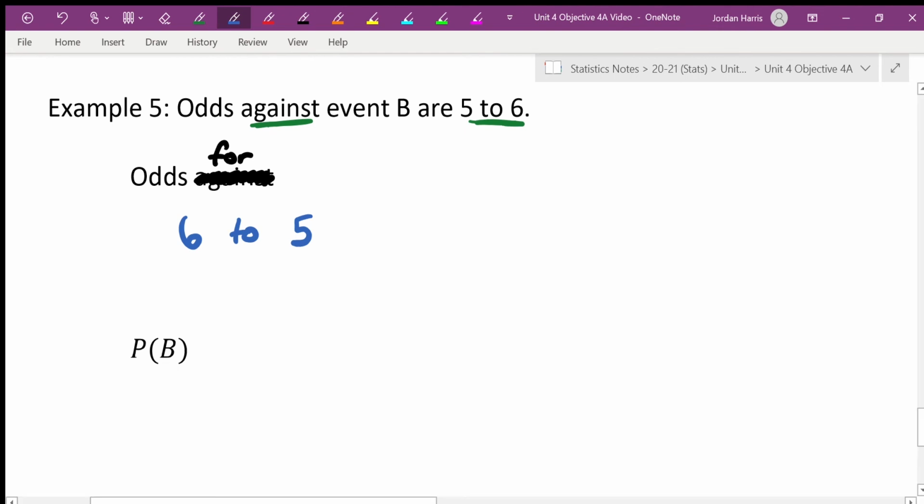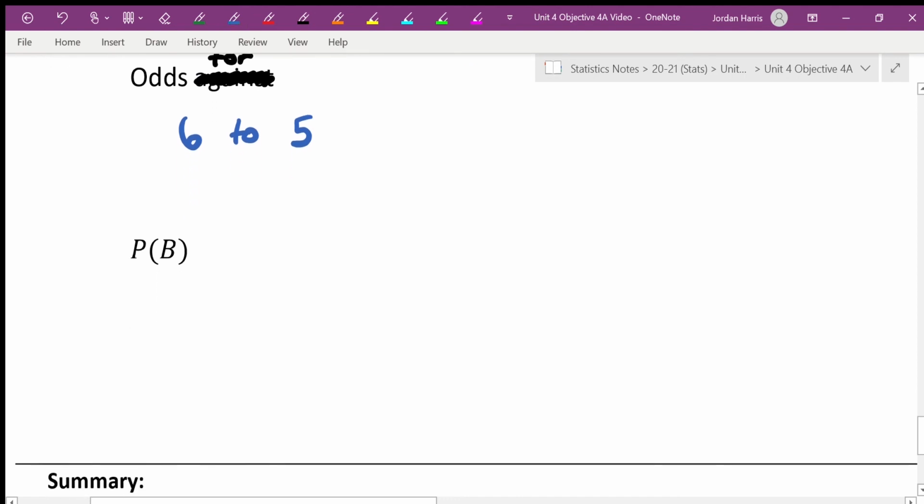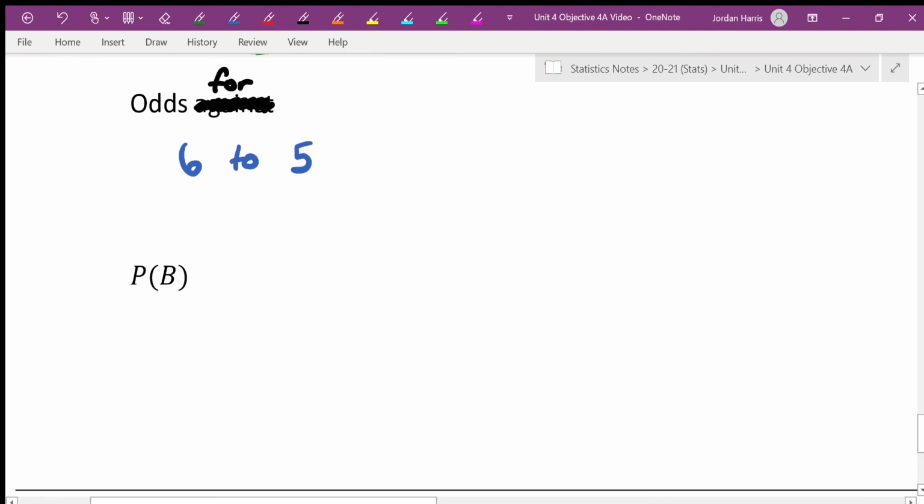6 to 5. That's the odds for. So notice the number first is actually the thing for odds for. The number first is the likelihood of the thing occurring. So if this one's bigger, it's actually more than half likely to occur. So when I find my probability, a lot of people want to just divide 6 over 5 or 5 over 6, which is incorrect. Remember, the probability and odds are different. So the odds for this occurring are 6 to 5.